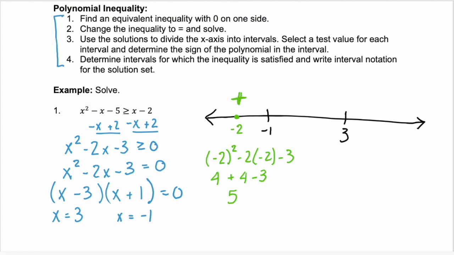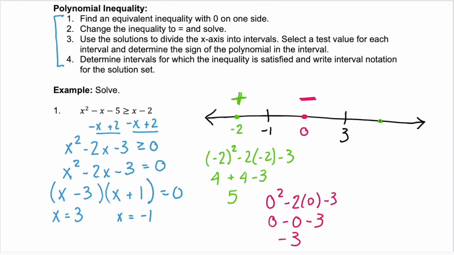Now let's move on to the next interval. Well, the best test number in here would be 0. And therefore we're solving 0 squared minus 2 times 0 minus 3, which is 0 minus 0 minus 3, or -3. So we have a negative in this interval.